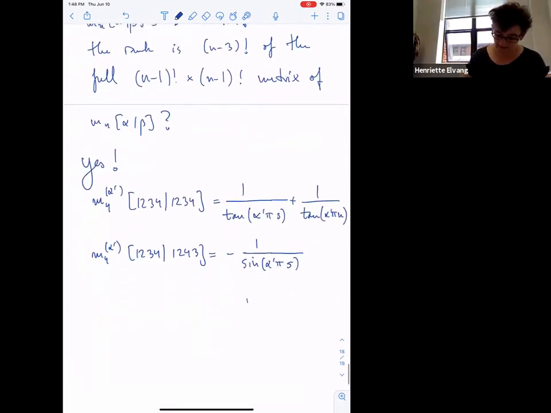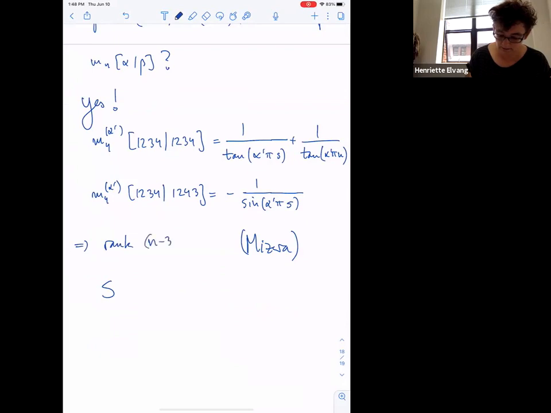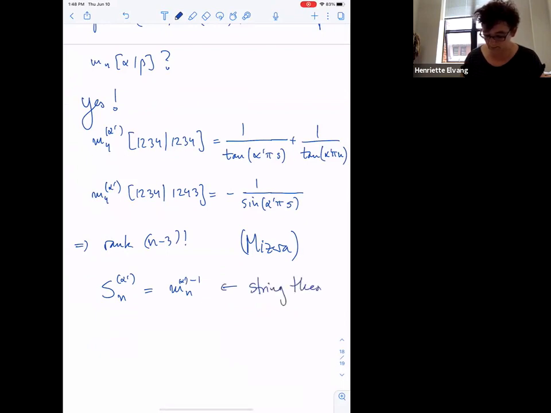But nonetheless, and this is due to work by Mizera around 2016 or so, what you can show is that when you use these amplitudes, then again, you get rank n minus 3 factorial. And when you then compute a KLT kernel from the inverse of these n minus 3 factorial by n minus 3 factorial matrices, then what you get is precisely what is known as the string theory KLT kernel.